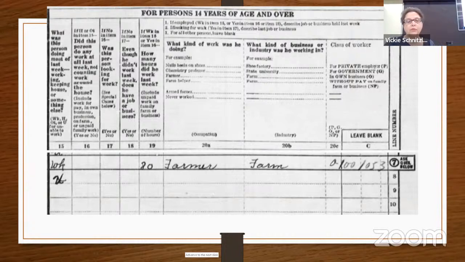Again, the kind of work, he was a farmer. The industry was on a farm. And then question number 20C was, what kind of work was he? Was he a private employer? Was he working for the government? Did he have his own business? And usually when you own your farm, you have your own business.